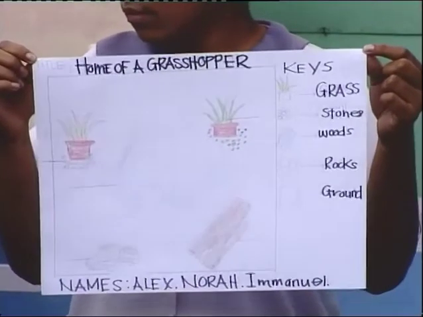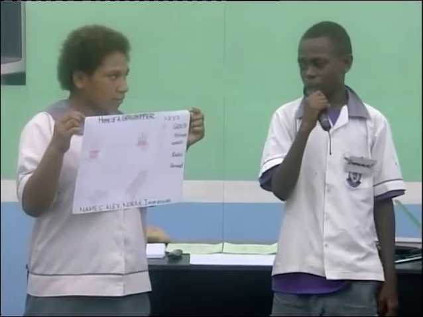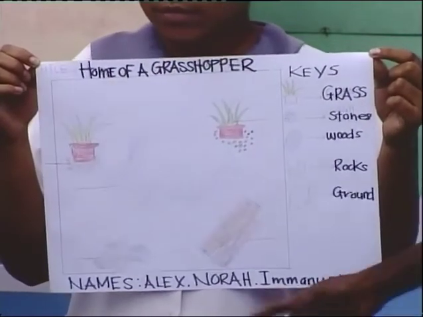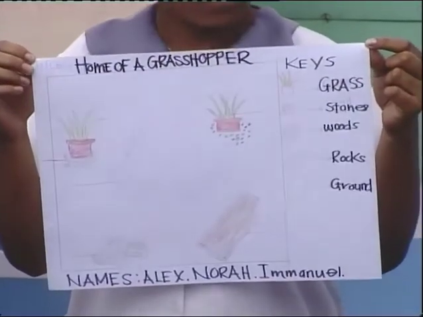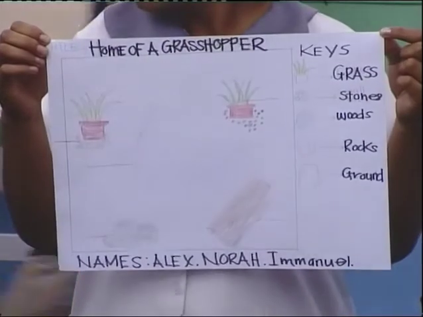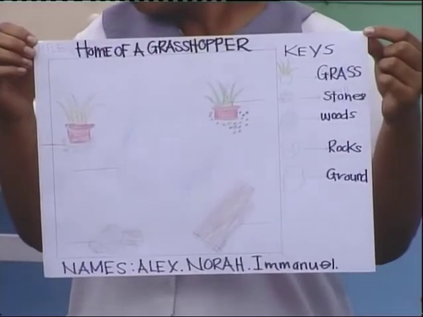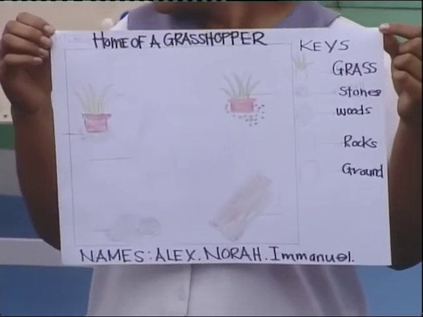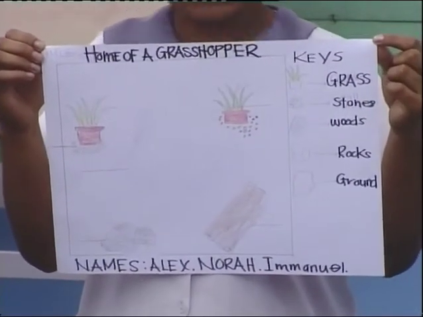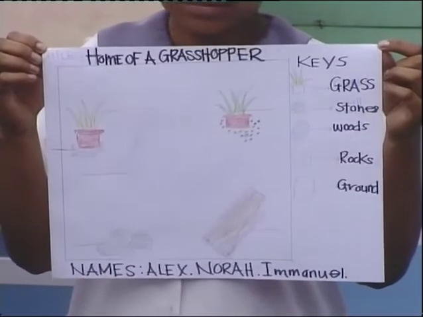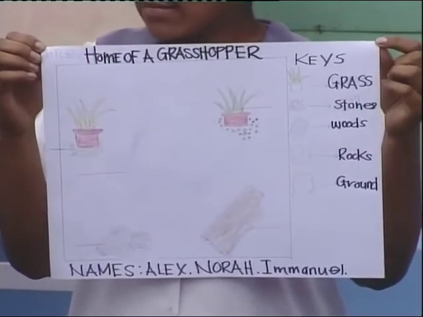Our title is We Are Planning to Have a Home of a Grasshopper. Nora and Emmanuel will present this. Let's have quiet silence for them.